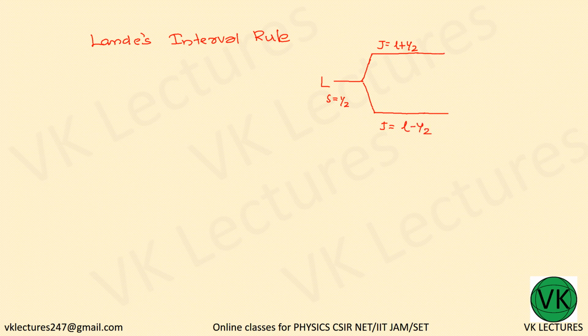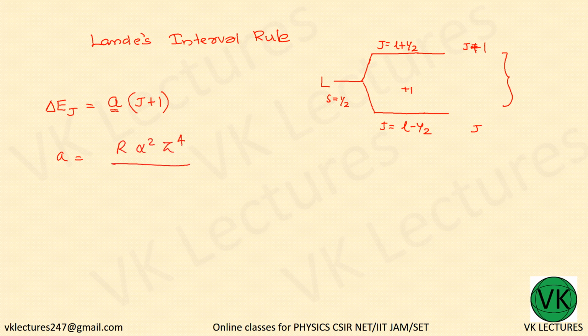If this value is J, then the upper value will be J plus 1, because this is L minus half and to reach L plus half you have to add 1. Landé's interval rule suggests that the energy difference delta E_J between these two states is equal to A times J plus 1, or A times the higher J value, where A is equal to R alpha square Z to the power 4 divided by n cube, L into L plus half into L plus 1.